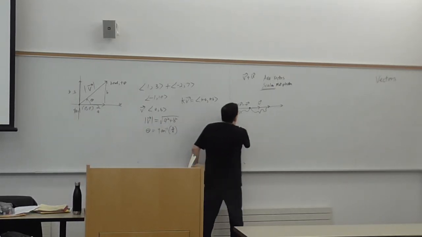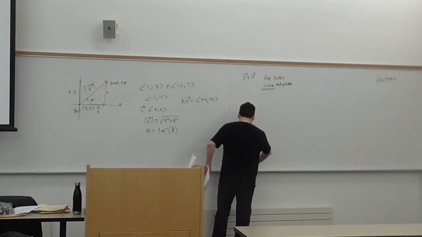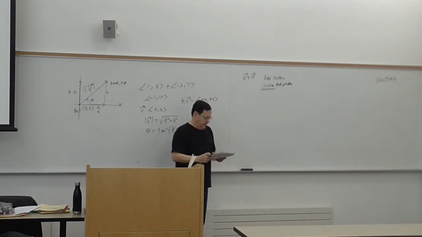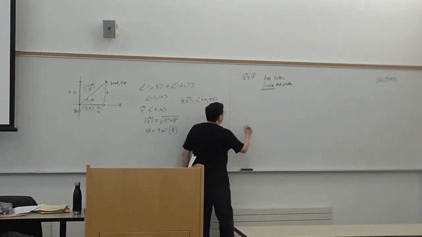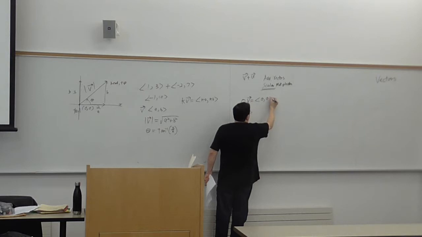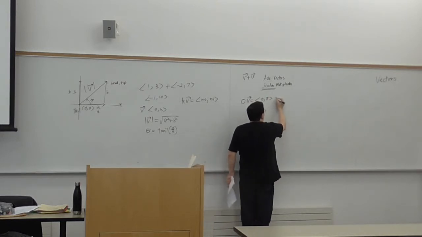Being able to multiply by a scalar brings up an interesting member of the family here. If I have some vector and I multiply it by 0, right, my components are going to be 0, 0. And I get what we call the 0 vector.